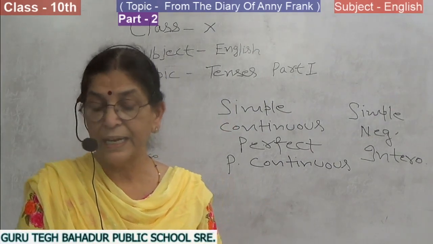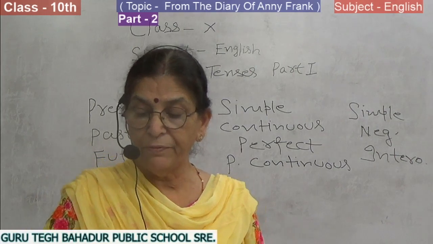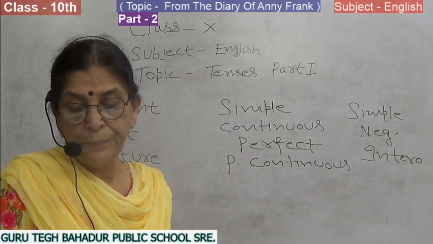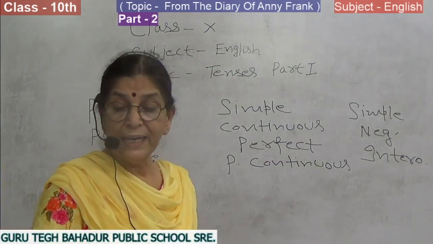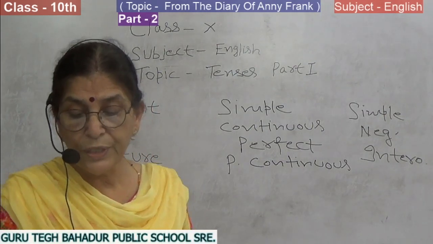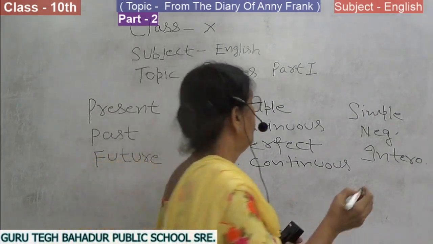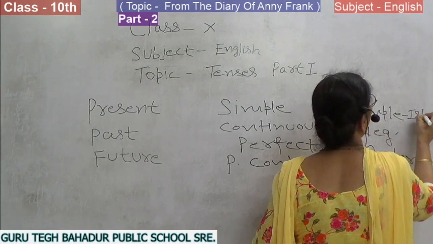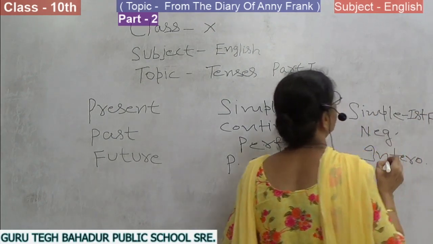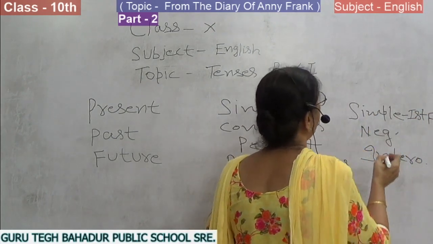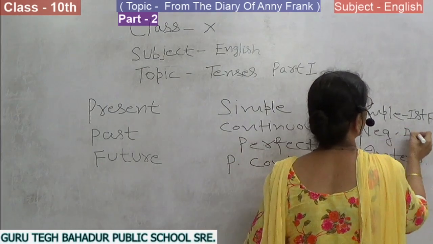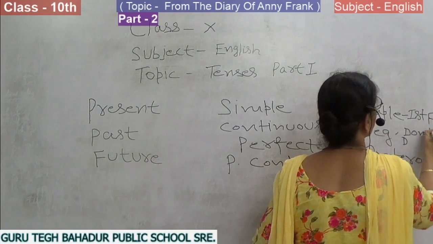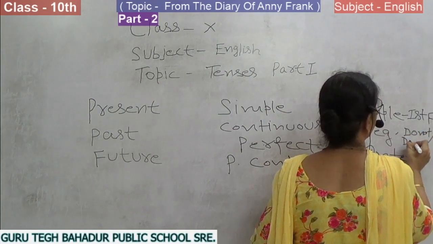So now the question arises, what helping verbs do we have to use? In simple sentences, only the first form. As far as negative is concerned, here we have to use do not or does not.